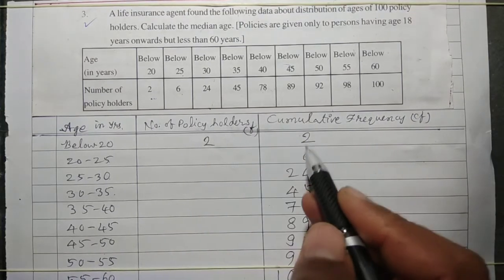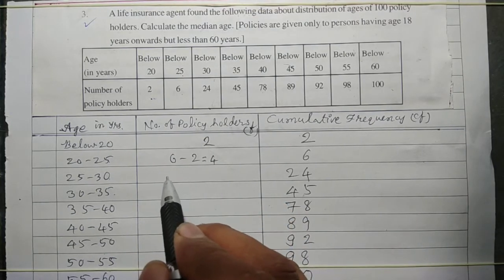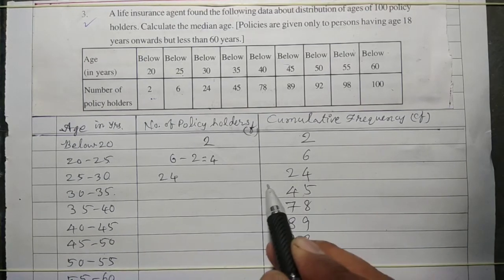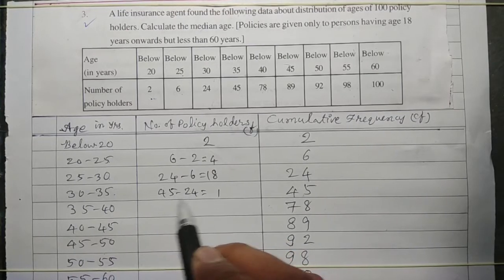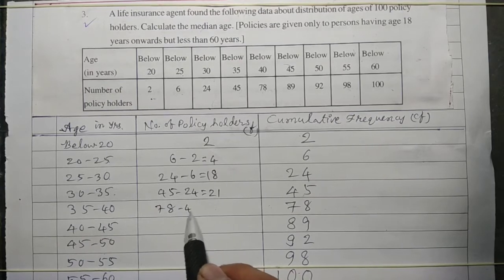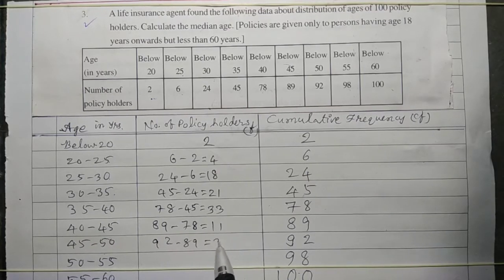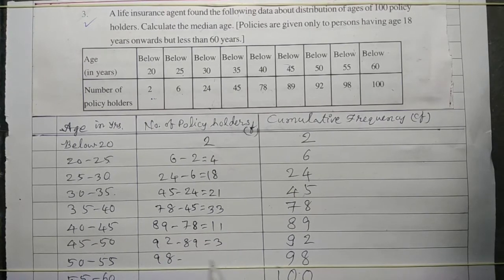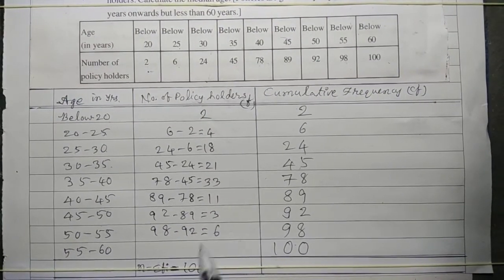So here 2, 6 minus 2 is equal to 4, 24 minus 6 is equal to 18, 45 minus 24 is 21, 78 minus 45 is 33, 89 minus 78 is 11, 92 minus 89 is 3, 98 minus 92 is 6, next 100 minus 98 is 2.